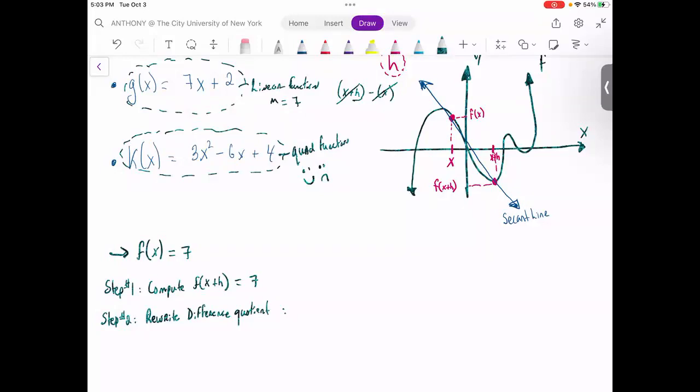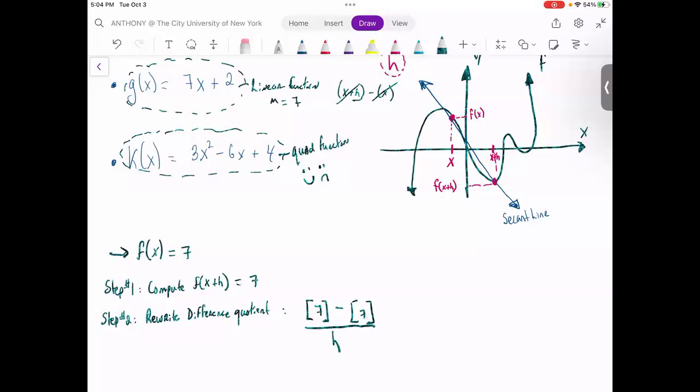So here's what I like to do. This example is quite straightforward based on the values I give you. But in general, I like to keep the f of x plus h and the f of x term separated using a bracket. So I'm going to put a bracket around the f of x plus h term, which is 7, minus the original function, which was also 7, all divided by h.